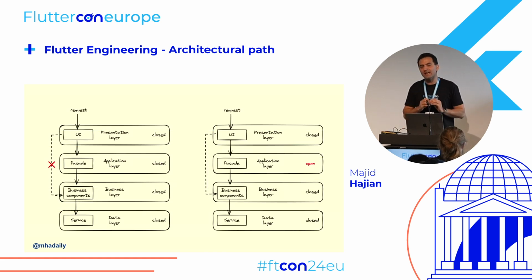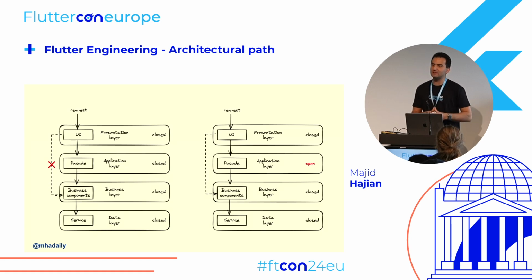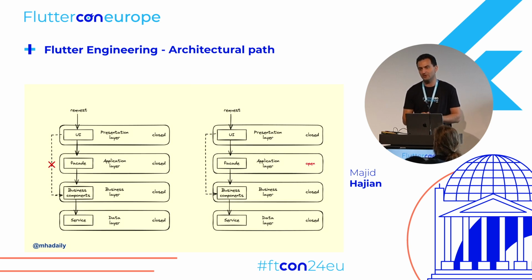We have a concept in layer architecture that we call closed layer and open layer. You have probably seen many of these architectures that go from top to bottom and are mainly closed. That means you cannot go from presentation directly to data, and that's a good thing. This is a contract that we make in our architecture, and that's the way you need to think about it.